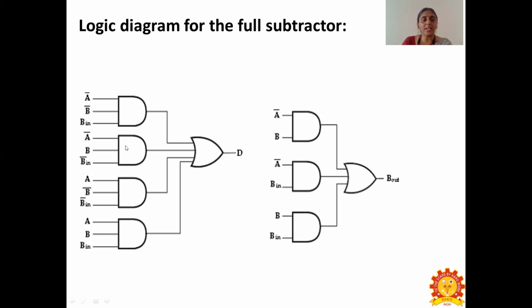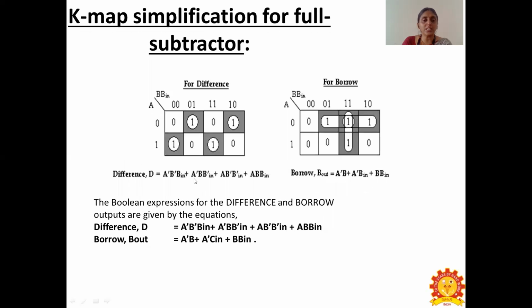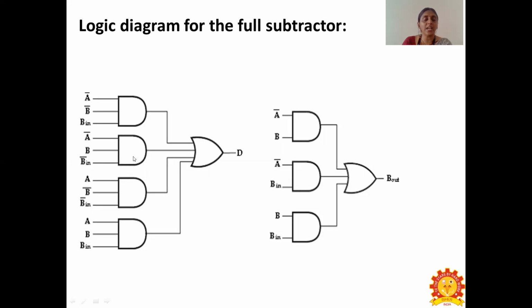And the second AND gate involves, can you see the second part of the expression, A dash B, B dash in, the input borrow. In the same way, the third AND gate takes A, B dash and B dash in.